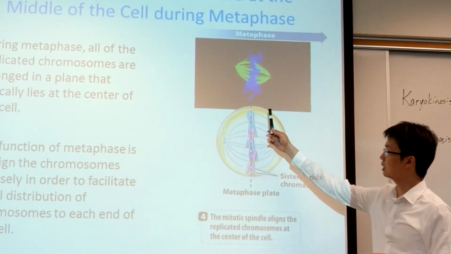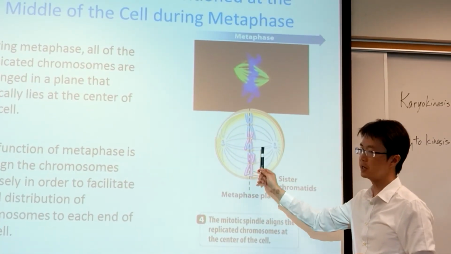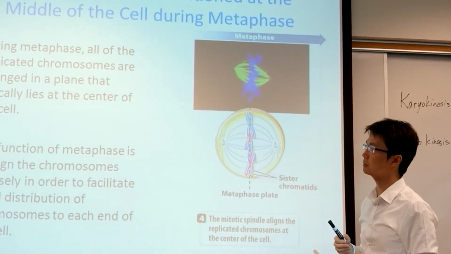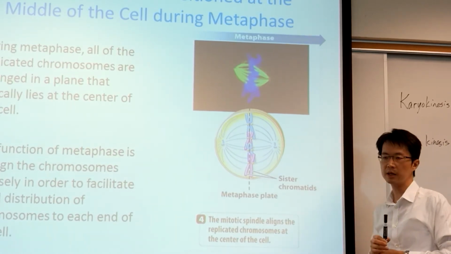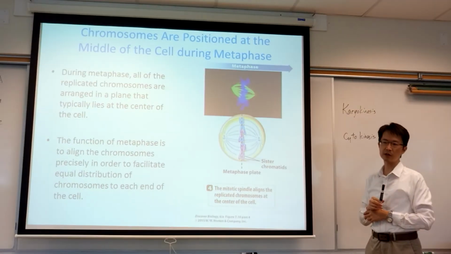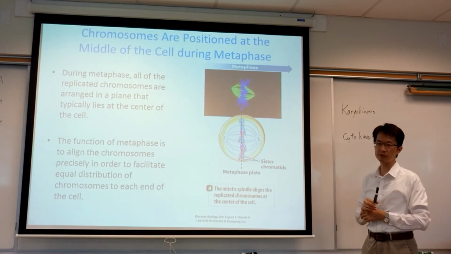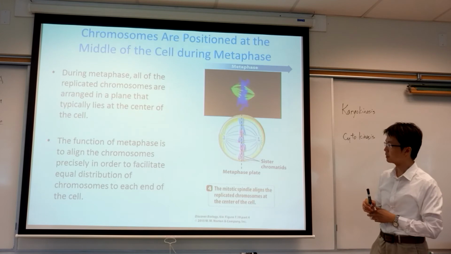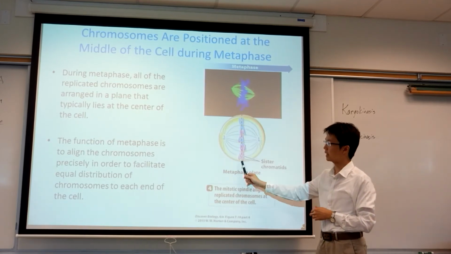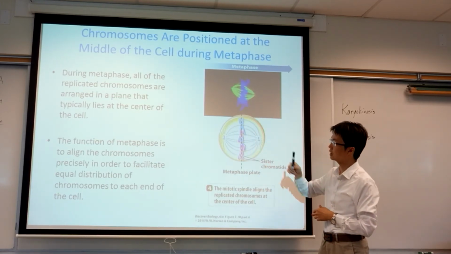When all the chromosomes align in the center of the cell, we call it metaphase. In the Bio 3B lab, when you look under the microscope, metaphase should be the easiest mitotic phase to identify, because you will see a black line in the middle, just like this in here.